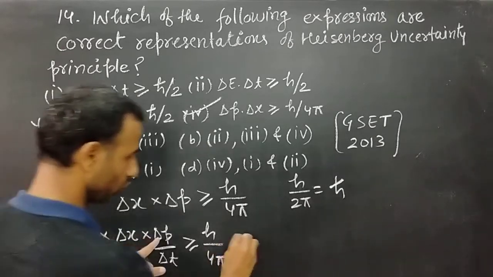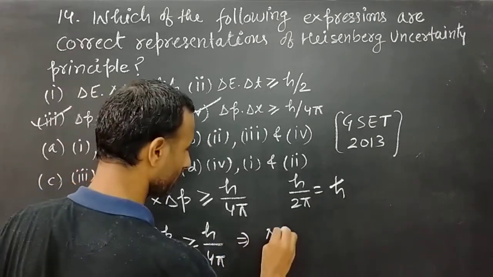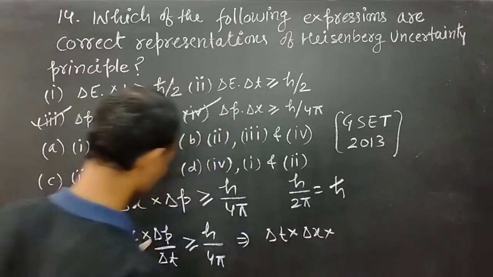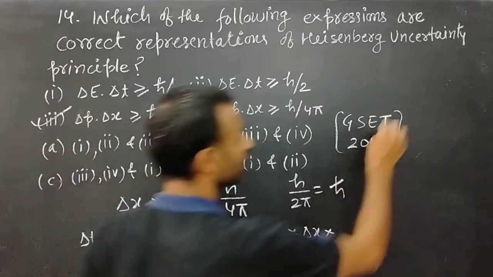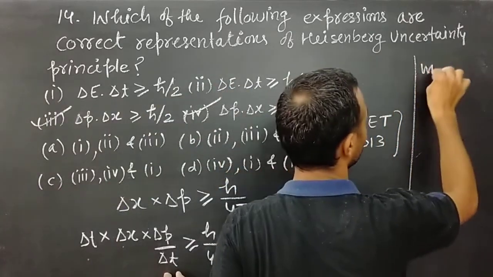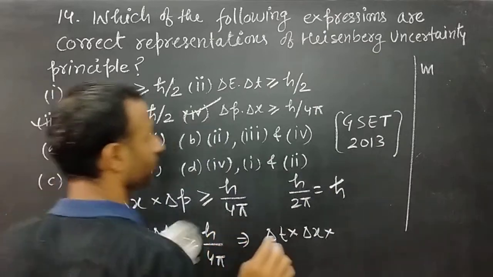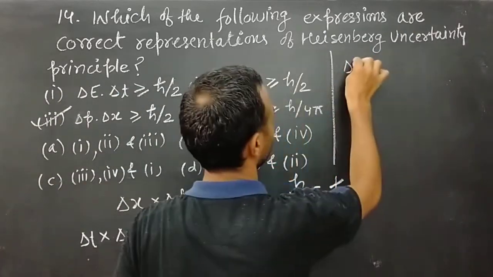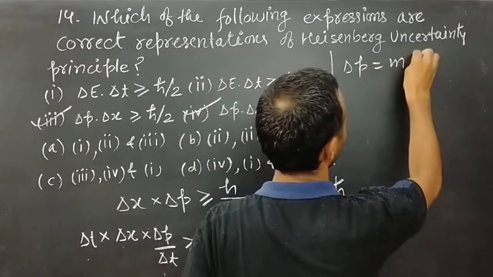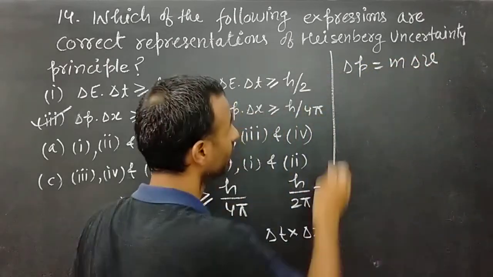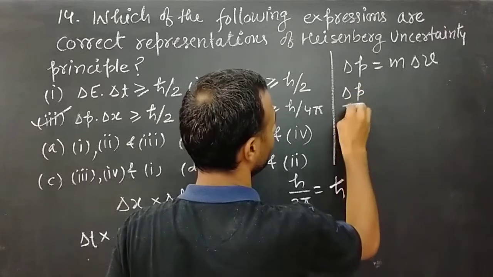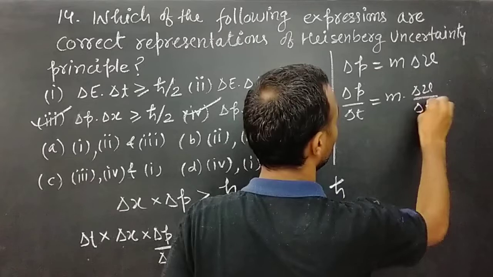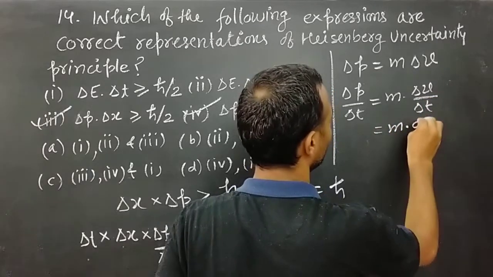So that becomes delta T into delta x. Rate of change of momentum means, see, delta P equal to m delta V. Delta P over delta T is equal to m delta V over delta T. What is delta V over delta T?